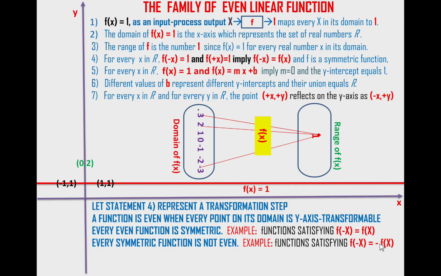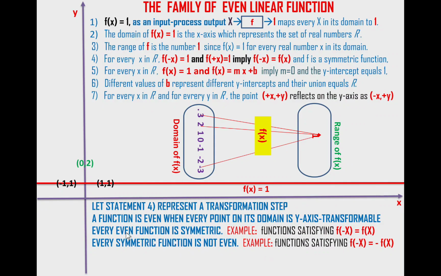So this negation negates the fact that functions that satisfy this condition are even. They're not going to be even, simply because the condition for even is that the right-hand side must be equal to f of x, but the right-hand side is equal to minus f of x. So the minus negates the even property. So the function is not even.